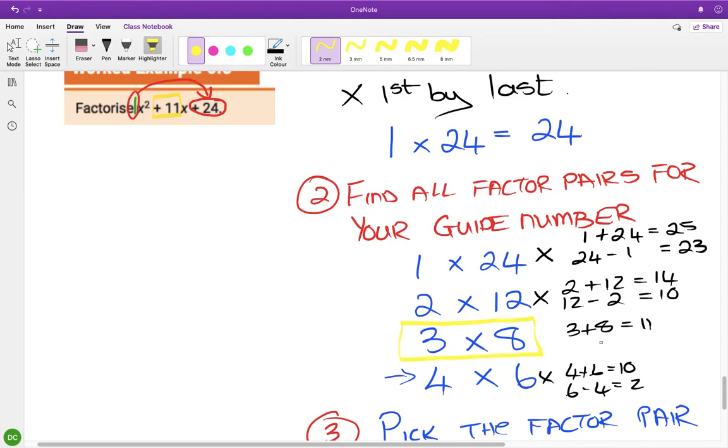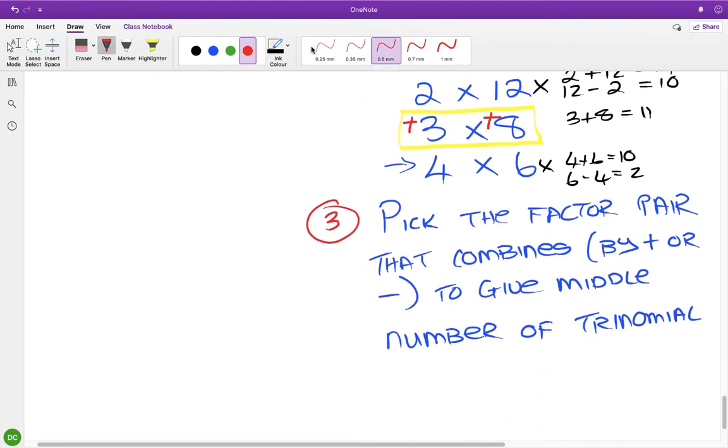Now, how did it combine? Did it combine by addition or by subtraction? To get plus 11, using the numbers 3 and 8, it would need to be a plus 3 and a plus 8. Is that all right? Okay, so I'm just going to keep going with my little steps here.